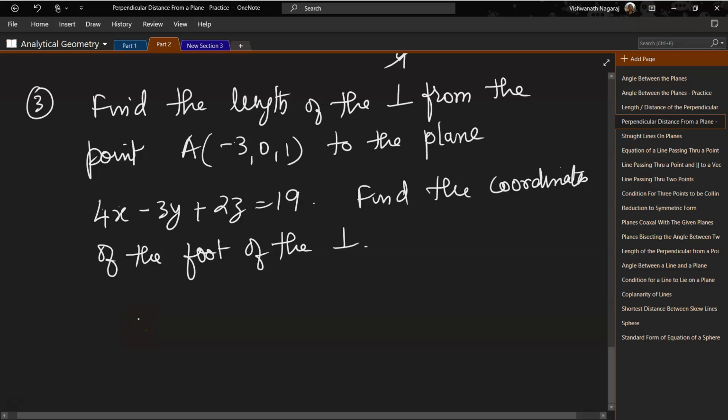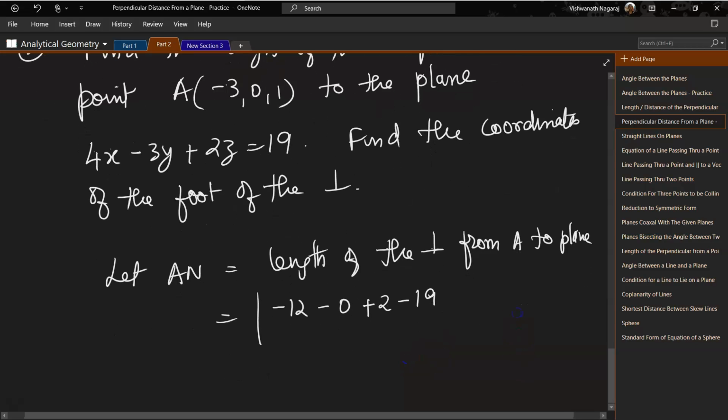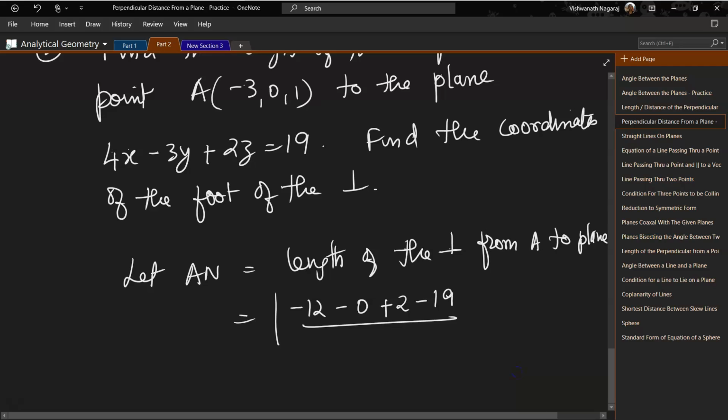Okay, now let AN be equal to the length of the perpendicular from A to the plane. We know this is going to be 4 times 3 is 12, so 12 minus 0 plus 2 minus 19, if we bring 19 to the other side, divided by square root of 16 plus 9 plus 4.